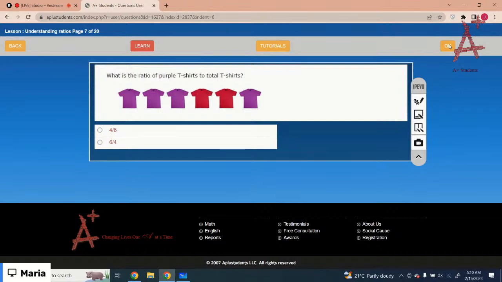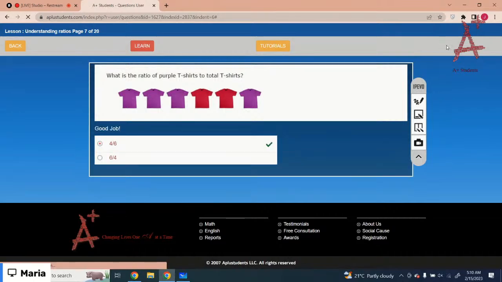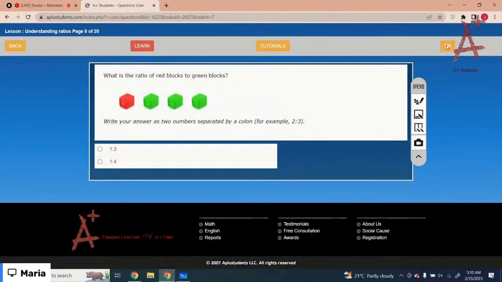Yes, very good. 4 of them are purple and in total they are 6. So it would be 4 to 6. The ratio is the first one, 4 to 6. Okay, what is the ratio of the red block to green block? How many red blocks are there?